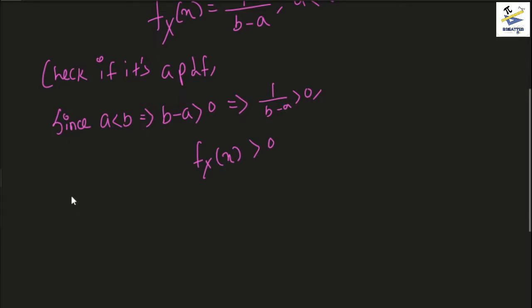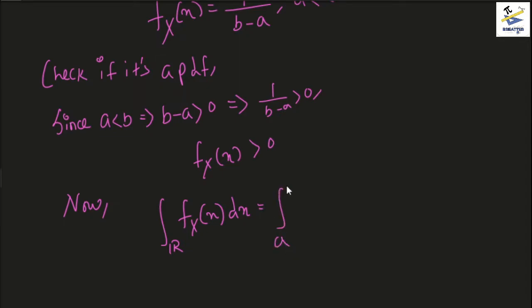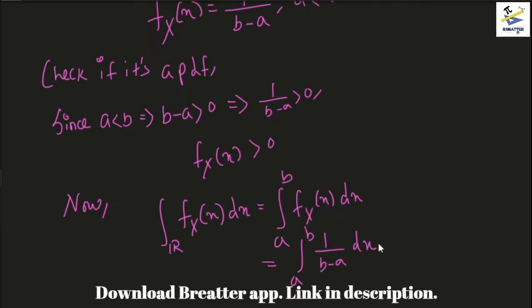Now the integral over all real numbers of f_X(x) dx should be equal to, now see, since the region of integration is basically in the closed interval a to b, this is basically the integral from a to b of f(x) dx, and we know the PDF, which is 1 by b minus a dx.